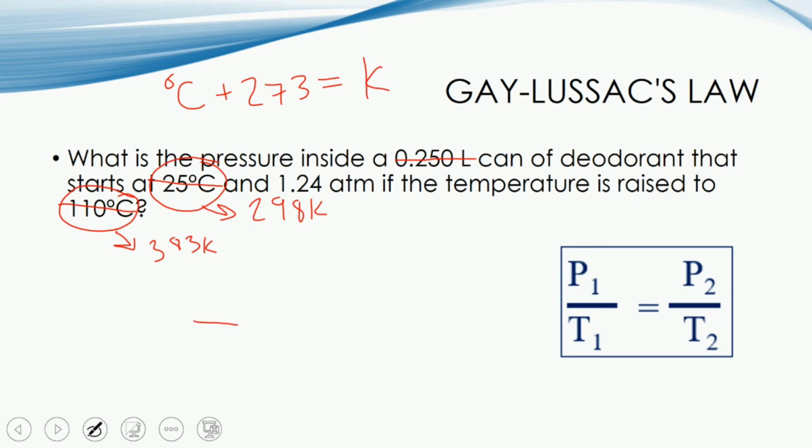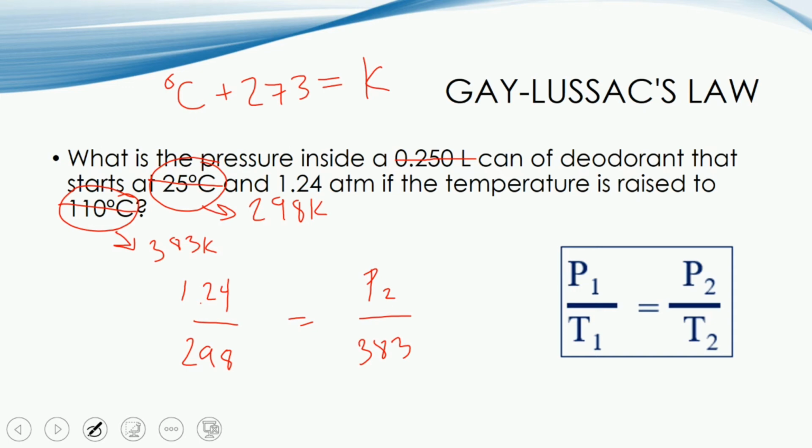So that would be right here at the bottom, 298. Now for the pressure that was initial, that is 1.24. And then we are told that the temperature is raised to 383. And we are being asked what the pressure would be. So we are looking for P2, the final pressure.